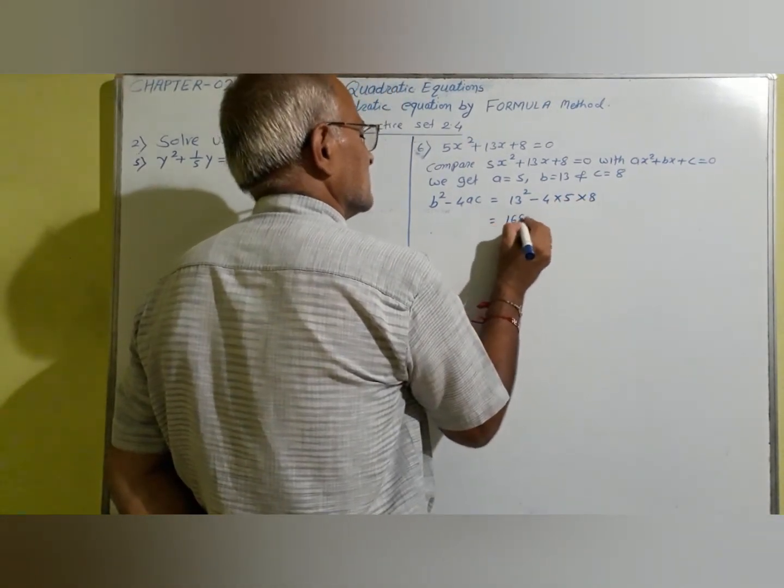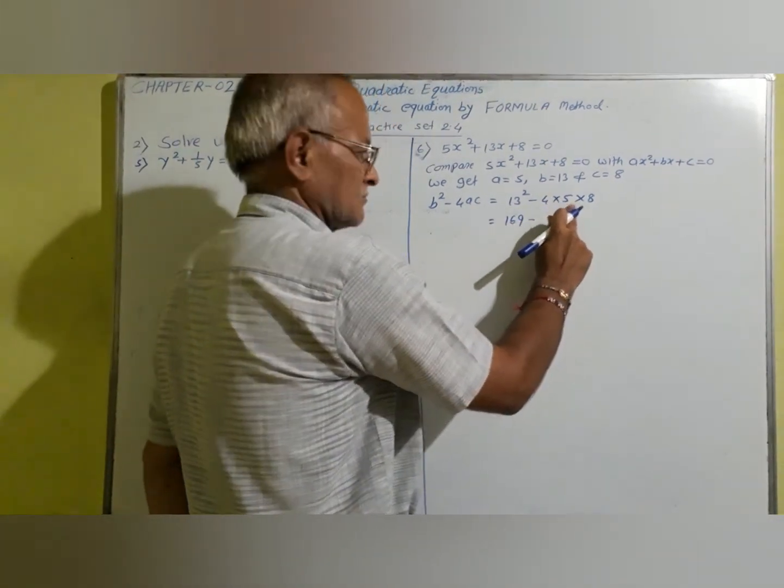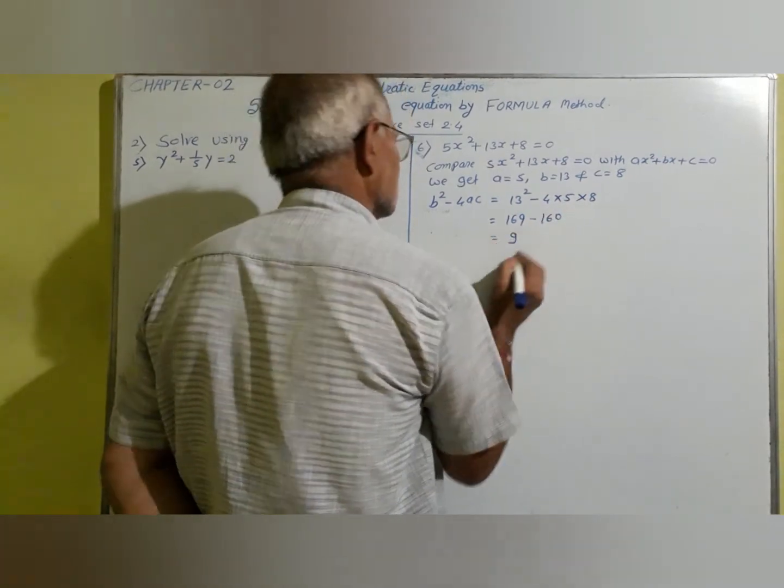13 square means 169, minus 4 5s are 20, 20 8s are 160. Their difference is 9.